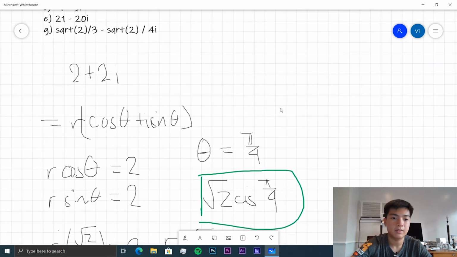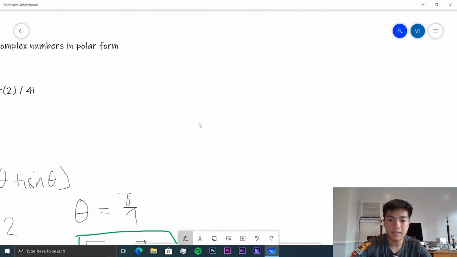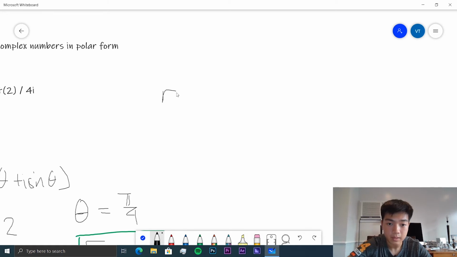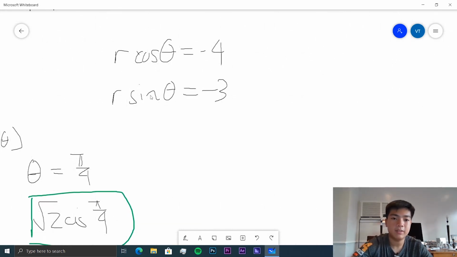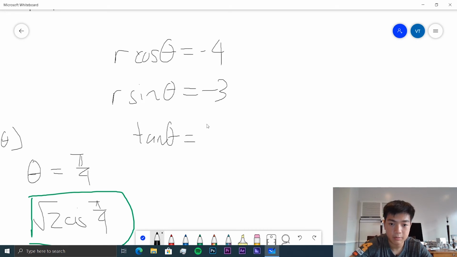Okay, next one. We have -4 minus 3i. So r cosine theta is equal to -4. r sine theta is equal to -3. And so, well, how do we do this? We have to divide this by that. And so we effectively get tangent theta is equal to 3/4. So theta must equal the inverse tangent of 3/4, in radians.